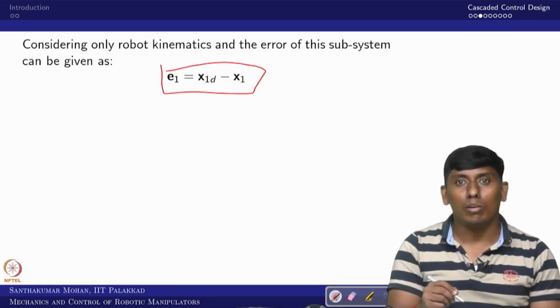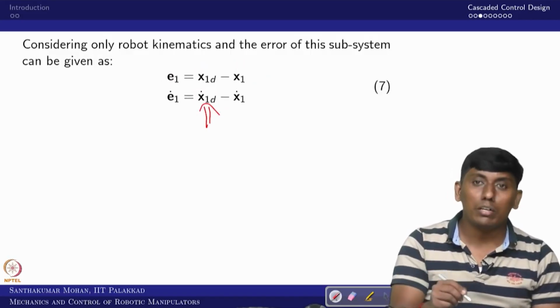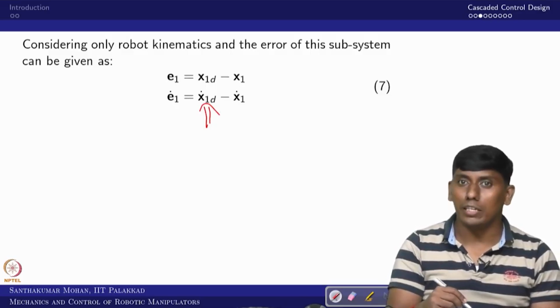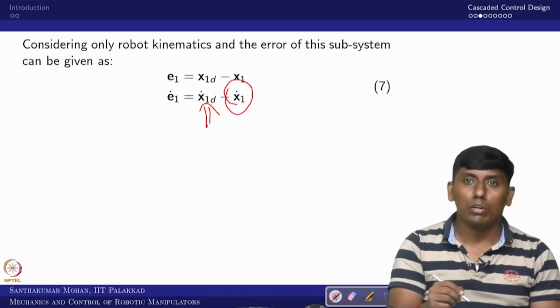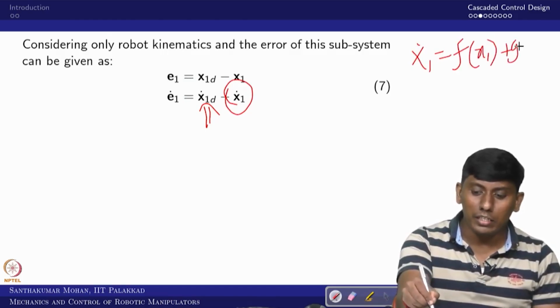So, the E1 is this. E1 dot I am taking here. Now this x1 dot desired is what I have from the trajectory planner, but the x1 dot I can write as a function of x1 plus g1 of x1 into x2, right.